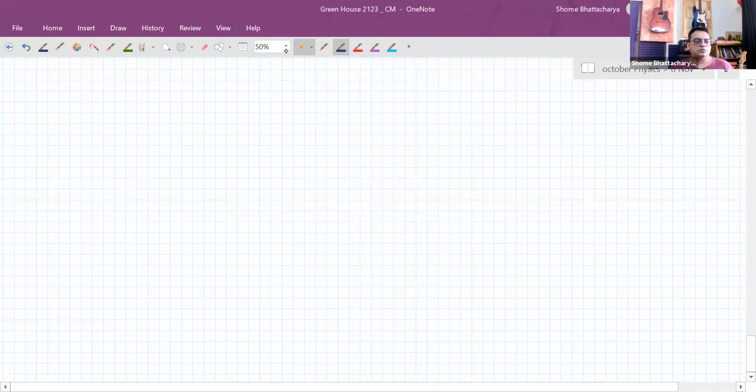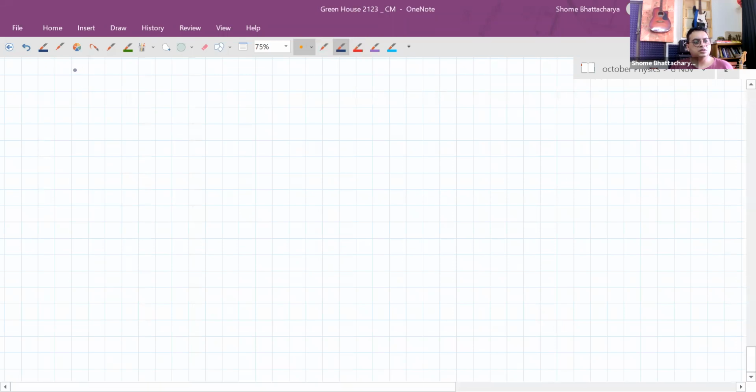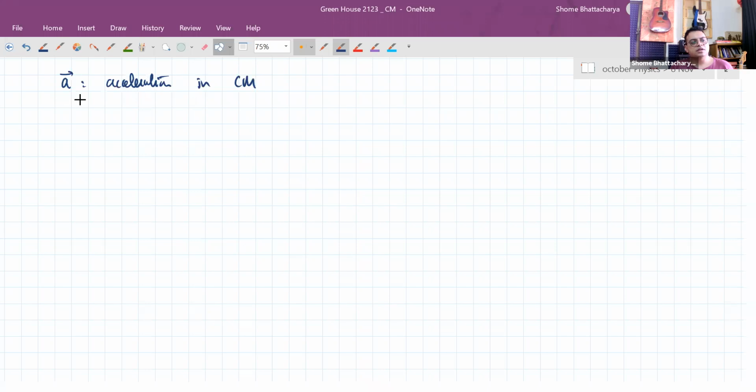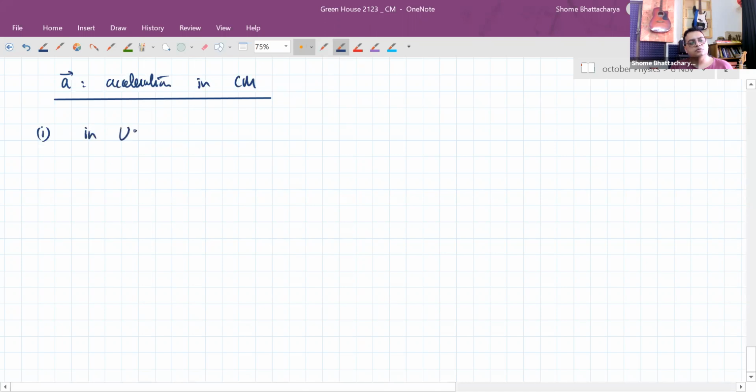Okay, so now we come to the main important part about this kinematics part, which is acceleration in circular motion. So this acceleration part we will classify in two categories. We will first look at acceleration in uniform circular motion, UCM.